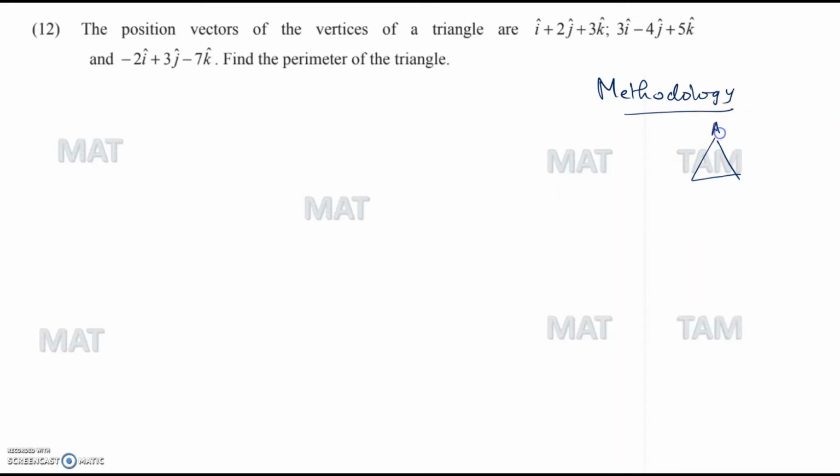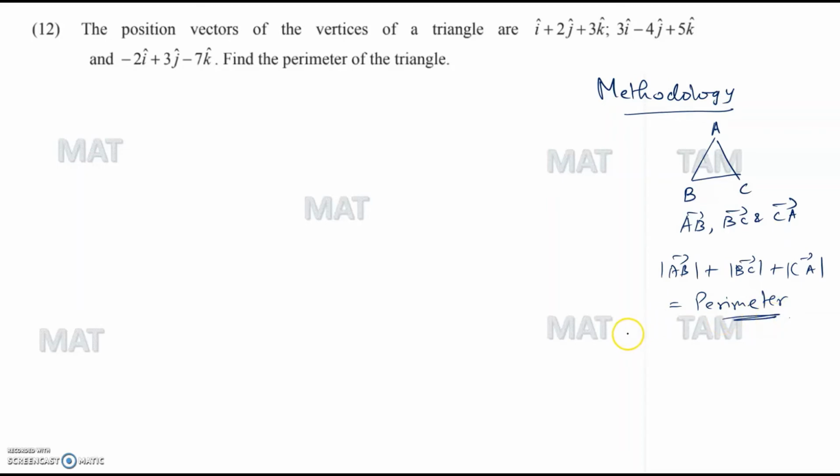So what we're given is the position vectors of the points A, B and C. So we need to find the vectors AB, BC and CA. Then you have to find the magnitude of AB plus the magnitude of BC plus the magnitude of CA, and that will be the perimeter of the triangle.